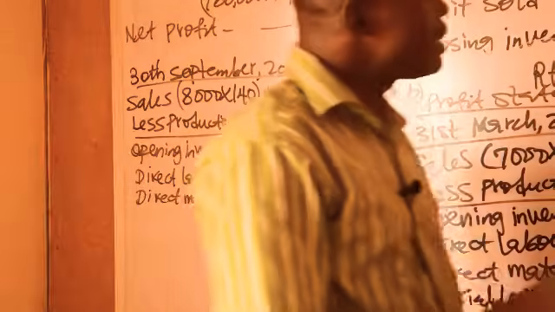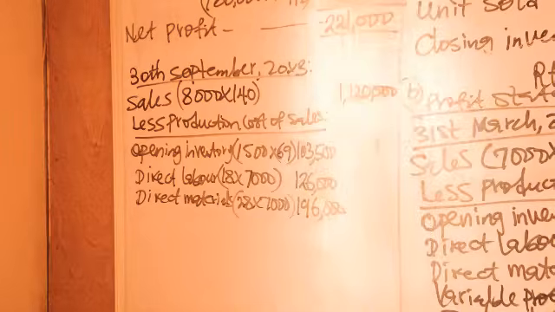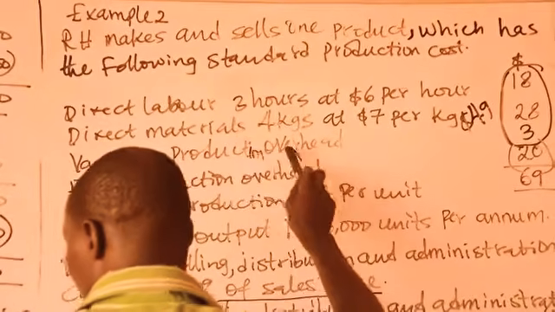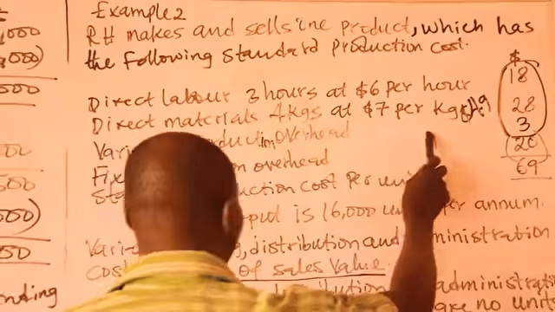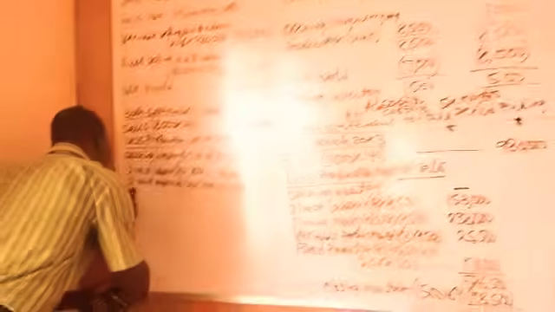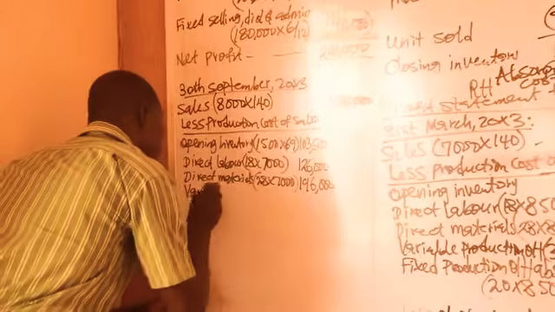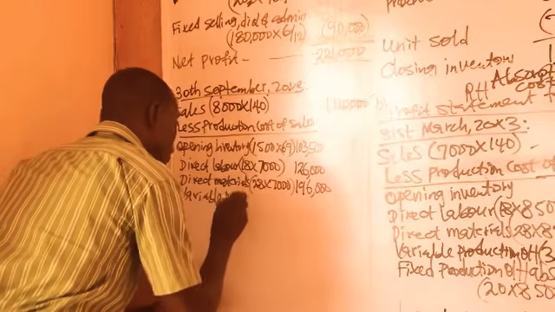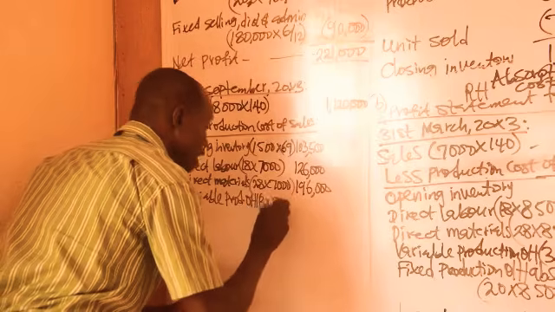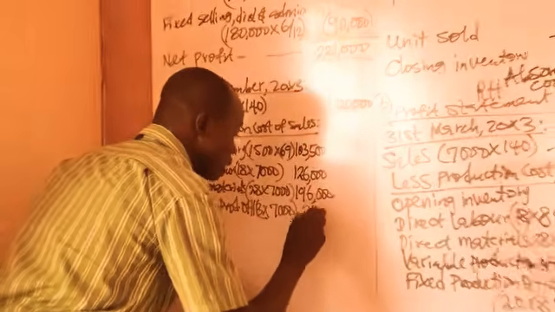That is for direct materials. Then we also have the variable production overheads, which is $3 times units produced, which is 7,000. There you have 21,000.